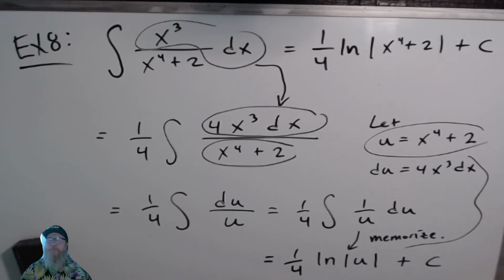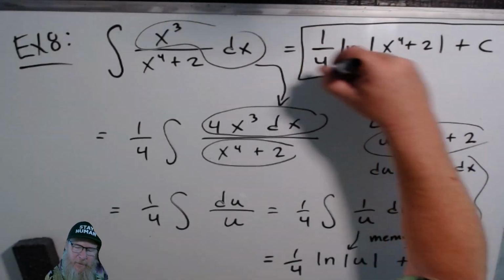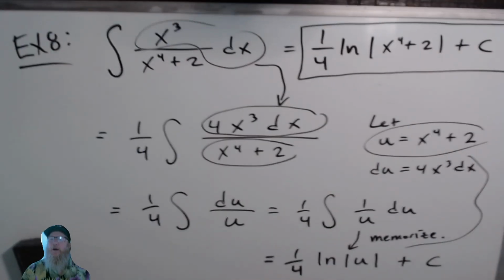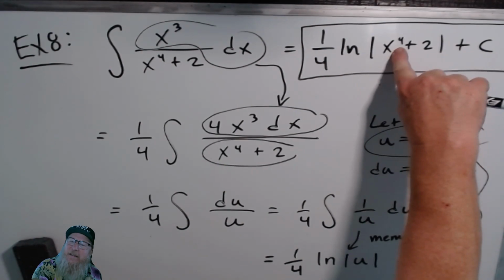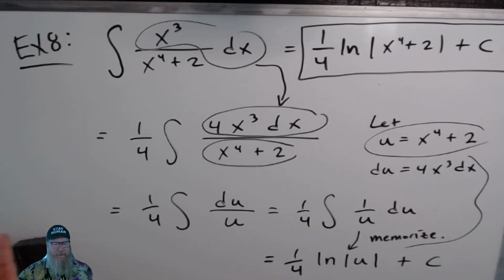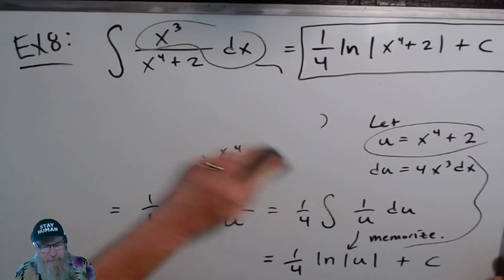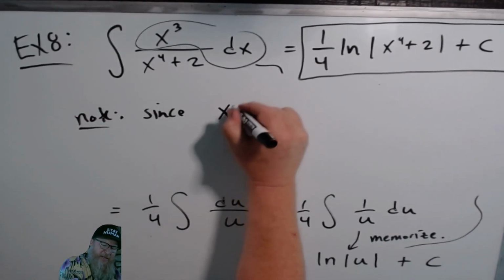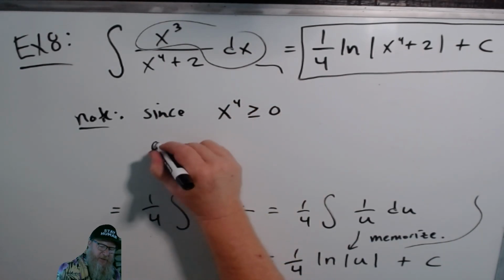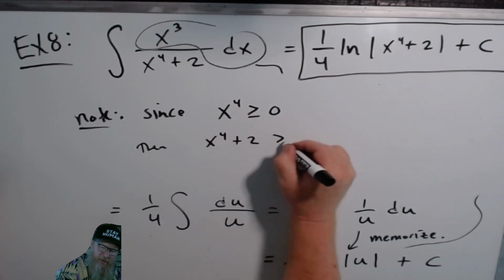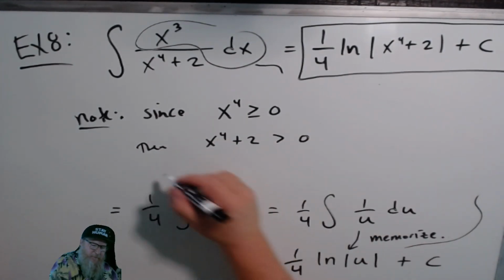So there you go. Now, I will make one special comment, although it's not always true, so it doesn't apply to every problem of this type, but it does apply to this particular problem because the power is even and it's being added. You're adding 2 to it. So this is just a special note. Since x to the 4th is always greater than or equal to 0, that means x to the 4th plus 2 is always greater than 0.